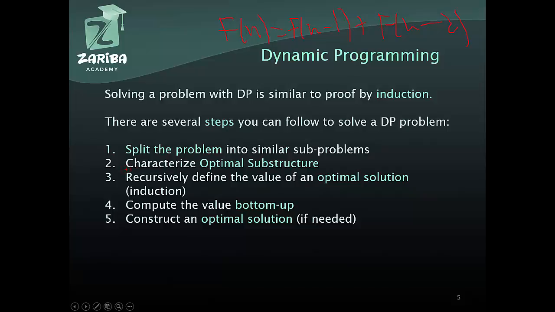Then you have to characterize an optimal substructure, which for this specific example is not valid, but I'll show you in the next one what that's about. Then you have to recursively define the value of an optimal, which here is the same thing. So once we have f of n minus 1 and f of n minus 2, we can just go to here and calculate the next one.